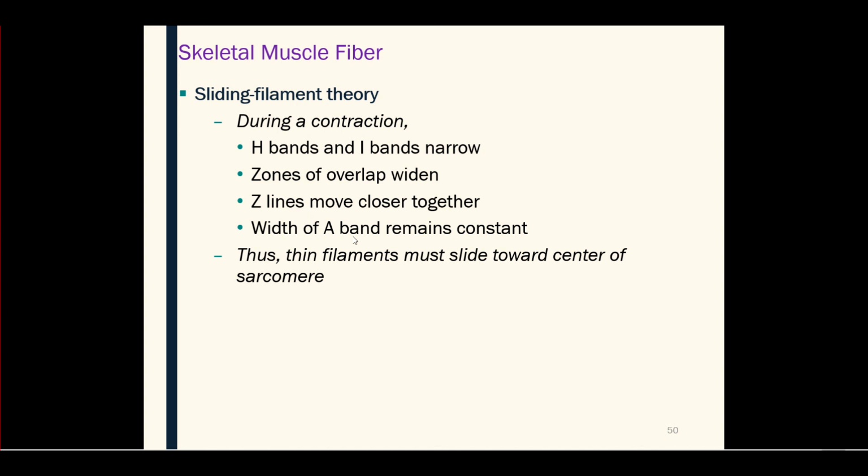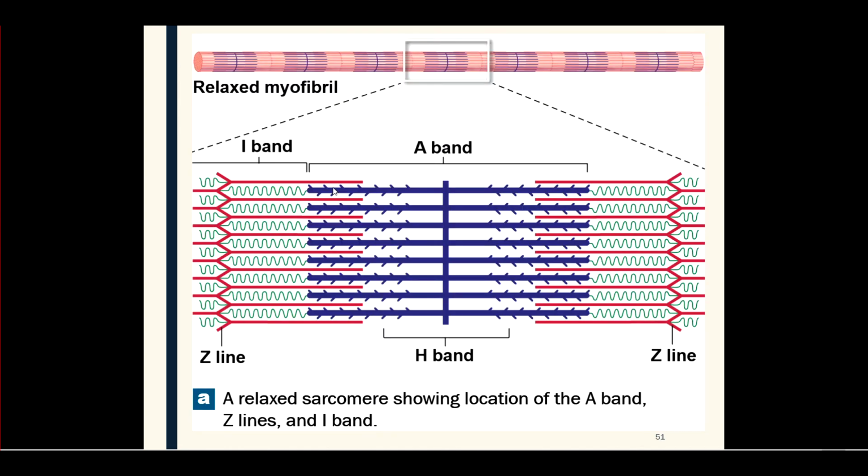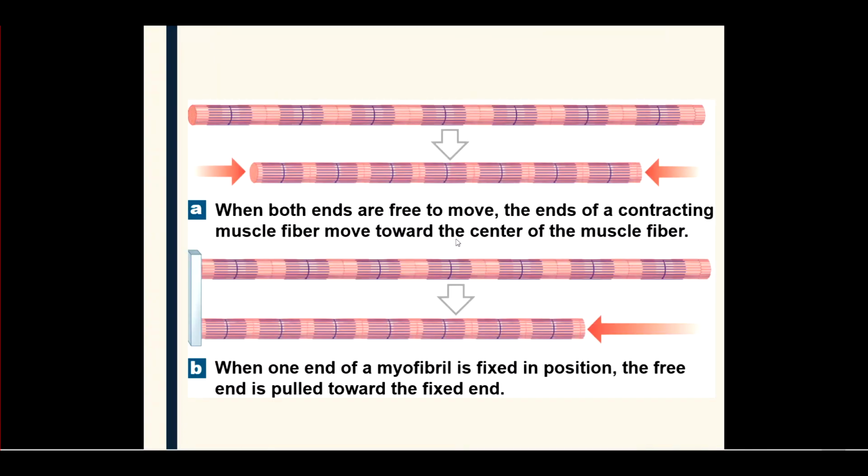The whole width of the A band actually stays the same. The A band, the thick filament to this thick filament here, that does not change, because that's stationary. Only the thin filaments are sliding over the thick filaments. And again, you can see here, if we take all the sarcomeres together and they contract, the overall effect is the whole muscle fiber is going to shorten.